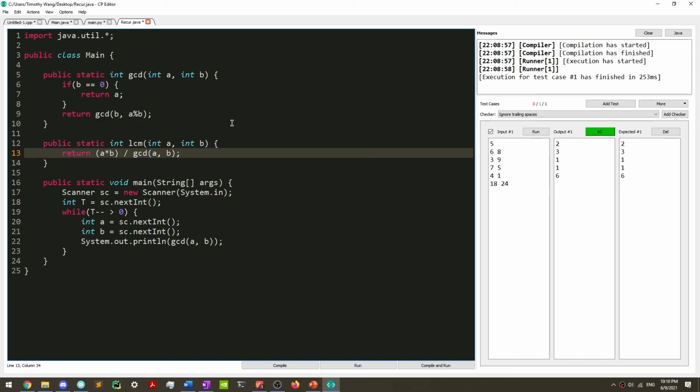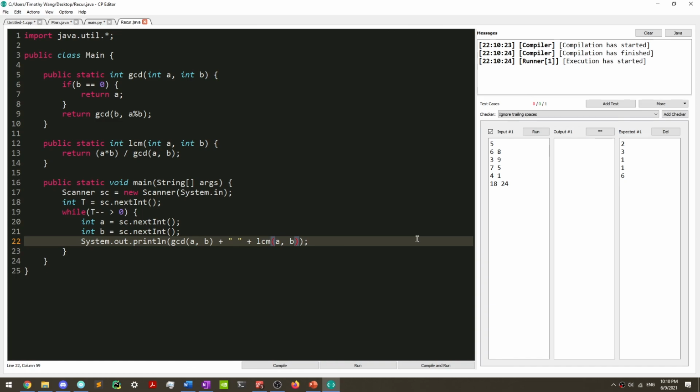And what that's going to do is reduce that number down until it's the lowest common multiple of A and B. And so I'm going to get a wrong answer here, but what I'm also going to do is print out the least common multiple between A and B. And if we compile and run, we should notice that the lowest common multiple between 6 and 8 is 24, between 3 and 9 is 9, between 7 and 5 is 35, between 4 and 1 it's 4, and then between 18 and 24 it's 72.